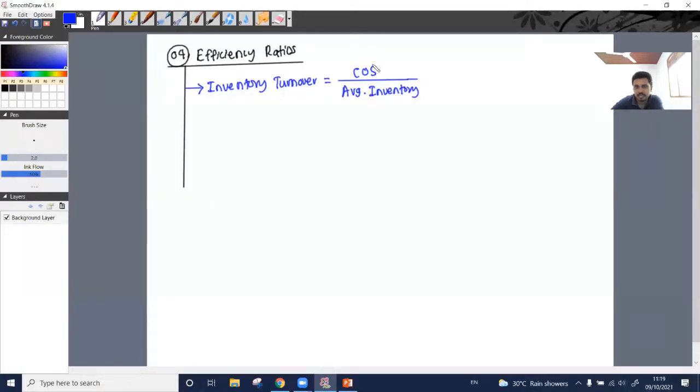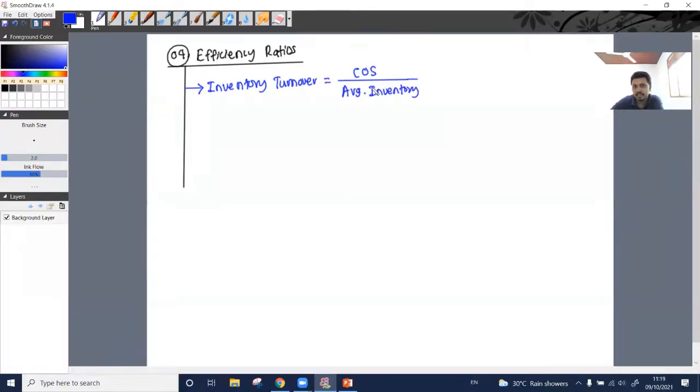This is the amount relevant for a period during the financial year. This much of cost of sales incurred by the company. Closing inventory reflects what? The balance as at the end of the financial year, right?